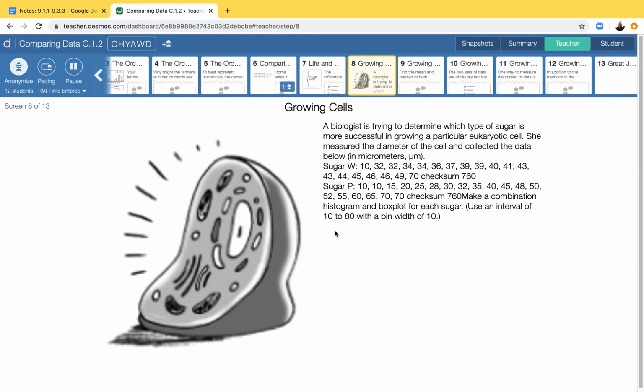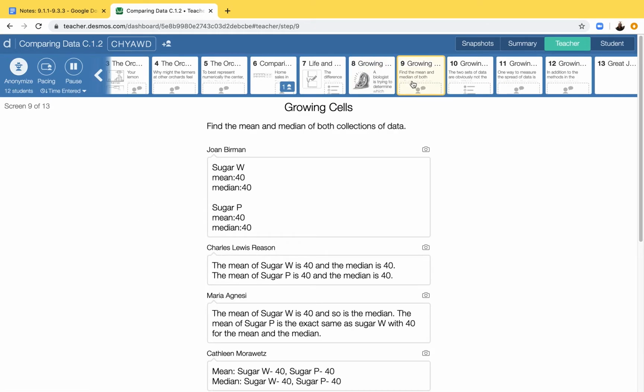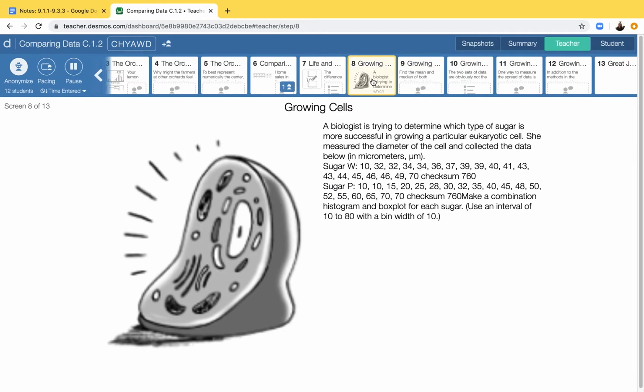So sometimes it's important to understand how far apart the data are. For example, when we take a look at this data, the mean and the median are exactly the same for both sets of data. So if we only looked at the mean and median, we might think these sugars are exactly alike. There's no difference.